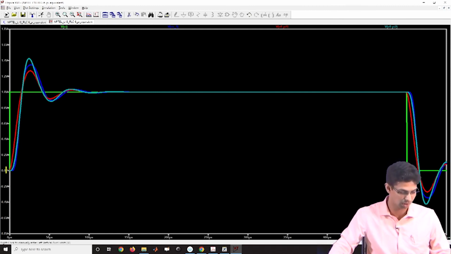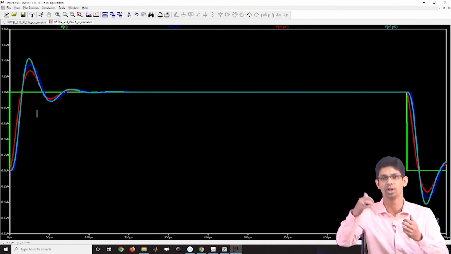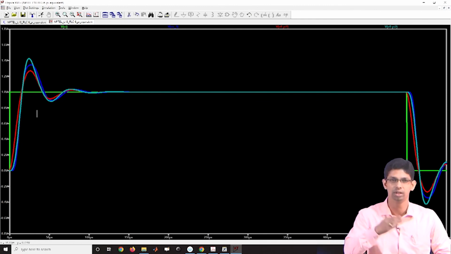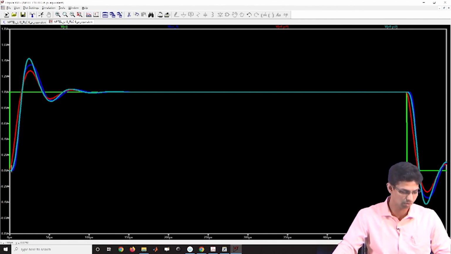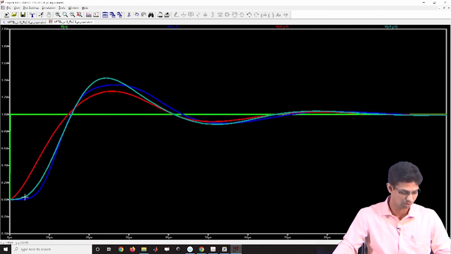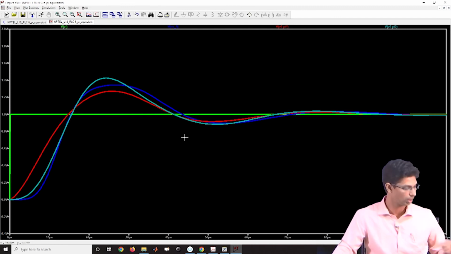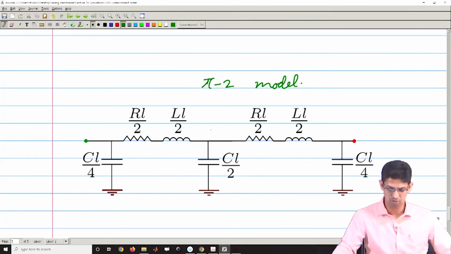But if we want to see what would be the actual waveform of your output voltage, in that case we require more distributed nature. So with pi 2, we are able to not exactly but very closely replicate this region as well, right. So here you can see this dark blue is the distributed model. So that's all for the simulation part.